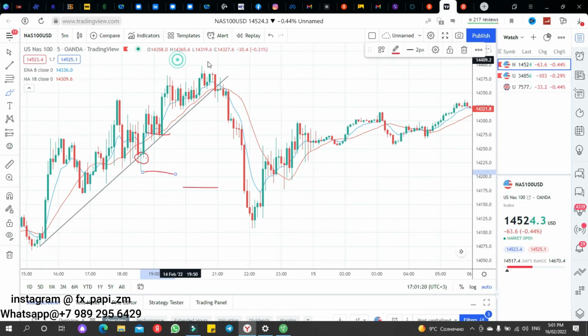My take profit up there. See? So that's how I trade, guys. Most of the time, I could have entered immediately after the close of this bullish candle, boom, and I could have pushed it up to somewhere here. Could have taken my take profit somewhere here.